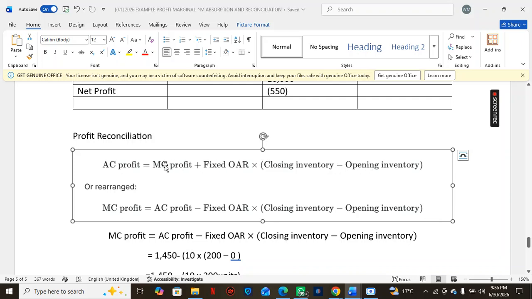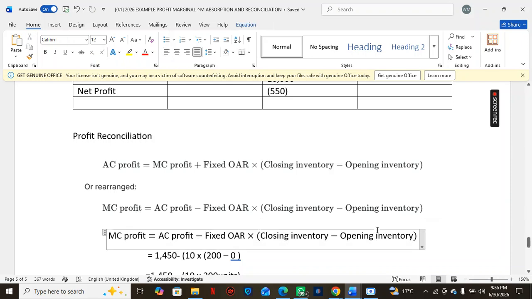If you want to get the marginal costing profit, it is the absorption costing profit minus the fixed overhead absorption rate multiplied by the closing inventory minus the opening inventory. Meaning, when you do these tabulations, you have to get the profit that you calculated for marginal costing. That's how you know if you're correct or wrong in the exam.